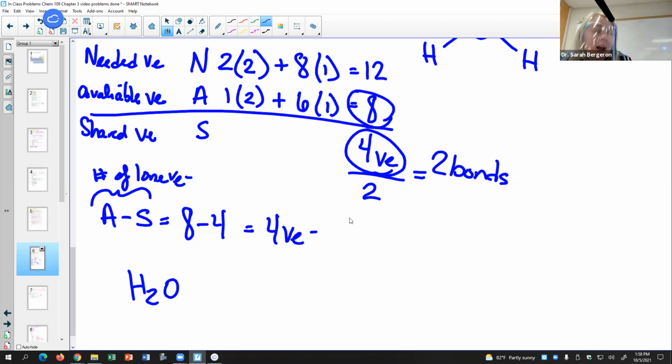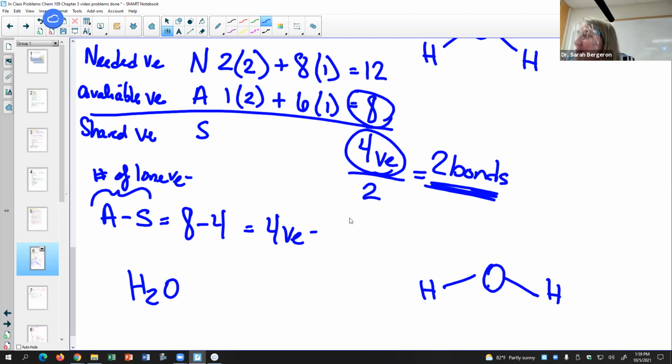So I know hydrogen is not going to be on the outside, so I put oxygen in the middle, and then I'm going to put my hydrogens on either side of my oxygen. I'm going to use a bond each. I'm going to use up these 2 bonds to connect my oxygen to my hydrogen. Does hydrogen have a complete octet? Yes, not really. It doesn't have 8, but it's happy, right?